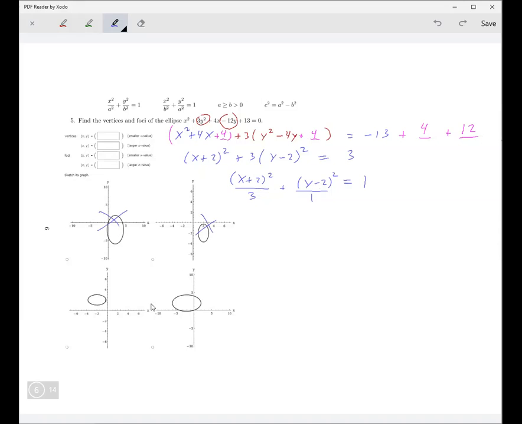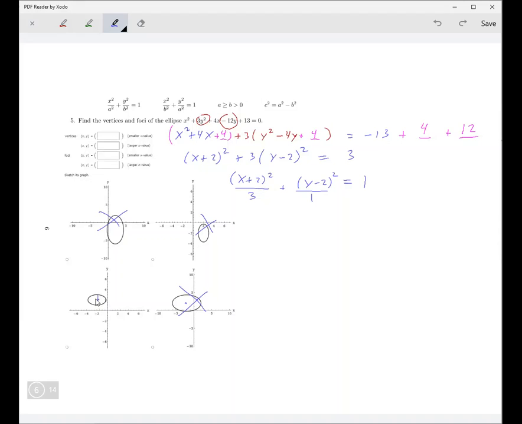That's not it. That's not it either. This looks like it could be it, and that looks like it could be it as well. Now, this 1 means going up and down 1 in the y direction, and this looks like more than 1. So from 2, this looks like 4. So that disqualifies that.